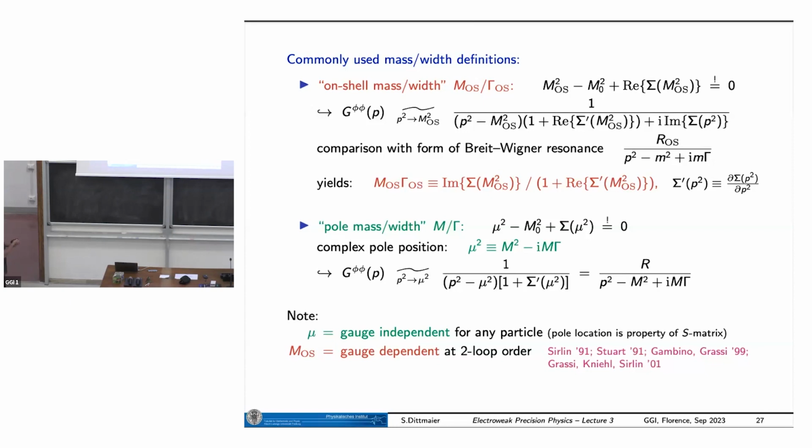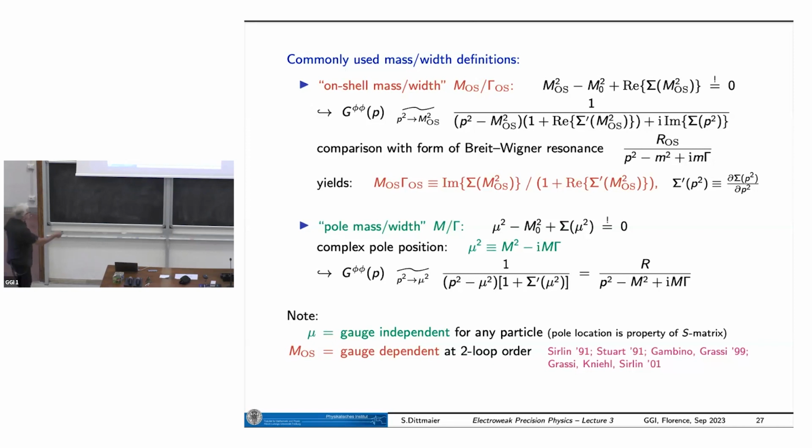I didn't write M on-shell scheme anymore, because it is a different scheme. I called it mu. It has nothing to do with the renormalization scale, it's just to have another letter. And mu squared here is just the complex mass for this unstable particle fulfilling this equation. The denominator of a propagator should be 0 at this point.